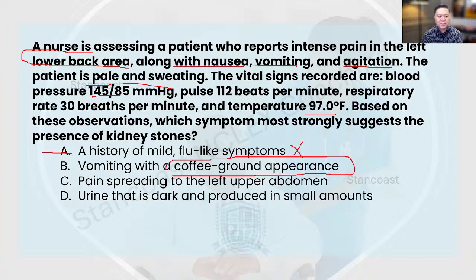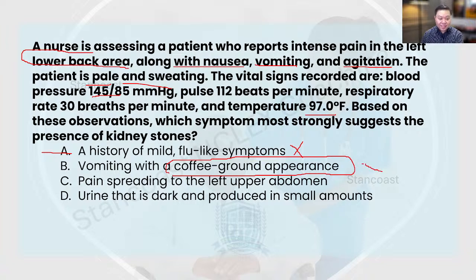However, this is often associated with a stomach ulcer or an ulcer in the upper part of the GI tract, especially the small intestine. Okay, GI bleeding. All right. So this is not gonna be associated with the kidney stone.